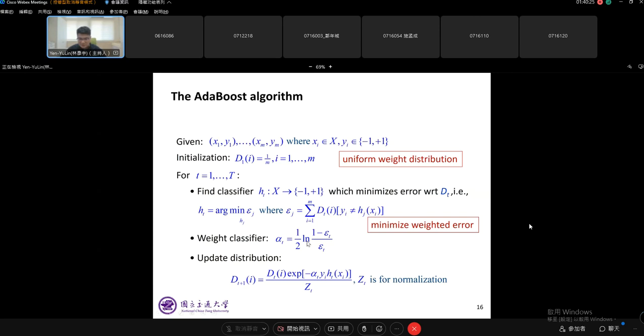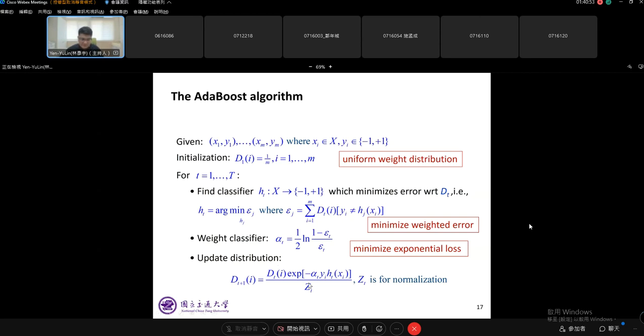A log of a value larger than 1 is always positive. So alpha t is always positive. Okay, I will show you later. This closed form solution is derived by minimizing the so-called exponential loss. I have not defined what the exponential loss is, but I'm going to give the detail later.